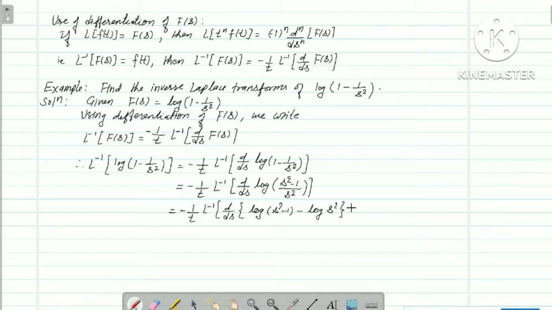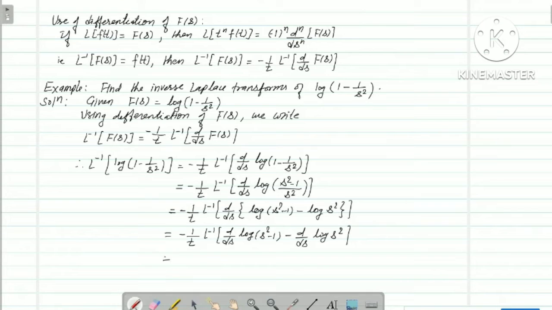Okay, just close the bracket. So this equals negative of 1 by t L inverse, just apply the derivative inside the bracket: L inverse of d by ds log of s square minus 1 minus d by ds log of s square. Okay, close the bracket.